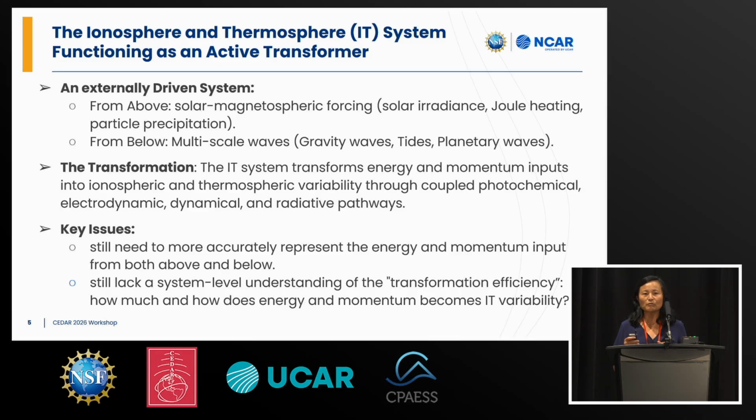From above, we have solar and magnetosphere forcing, including solar irradiance, auroral particle precipitation, and high latitude electromagnetic forcing. And from below, we have waves spanning scales from gravity waves to tides to planetary waves.